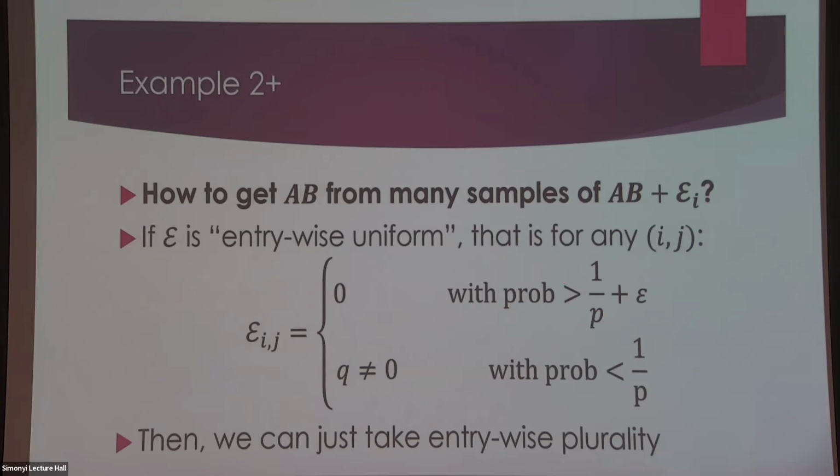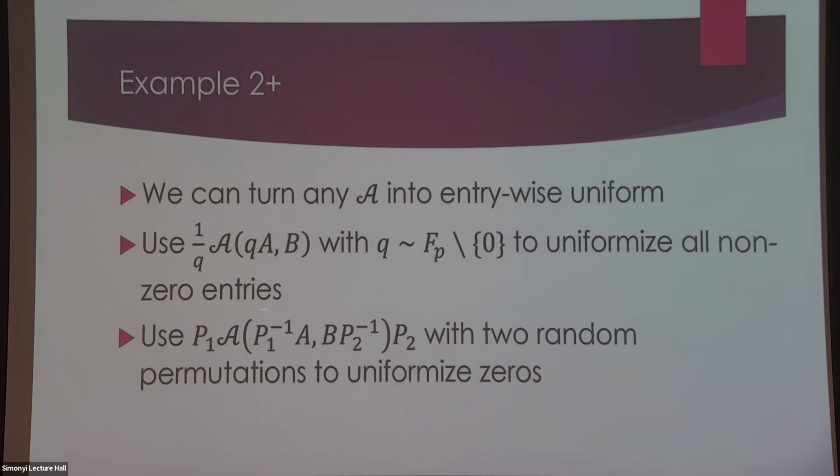And for the first condition, that it is not just a fraction of indices, but every index is 0 with this and that probability, I can just take random permutations and multiply A and B with them. Permutations are very easy to peel off, of course, because applying a permutation is linear. So I can add the permutation here and here and peel them off the result.